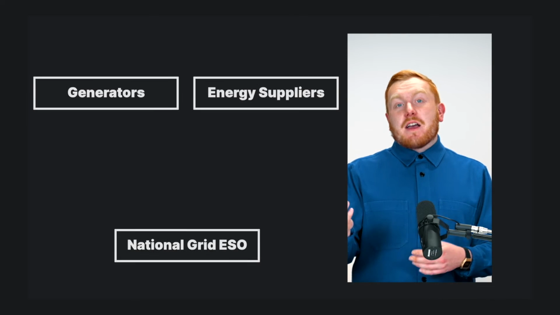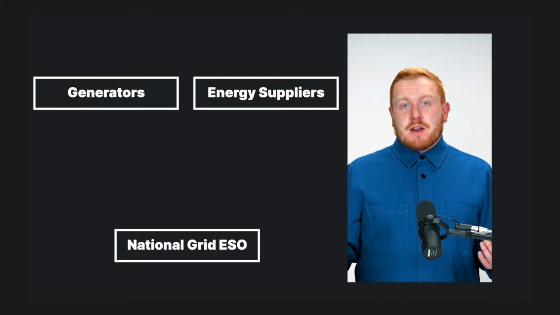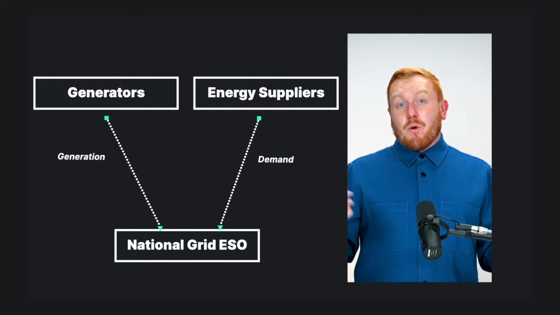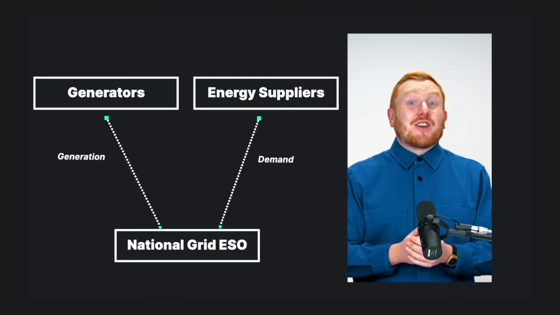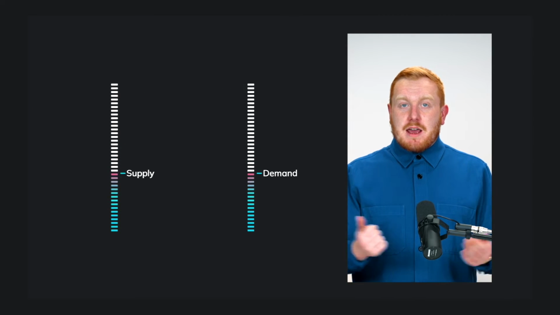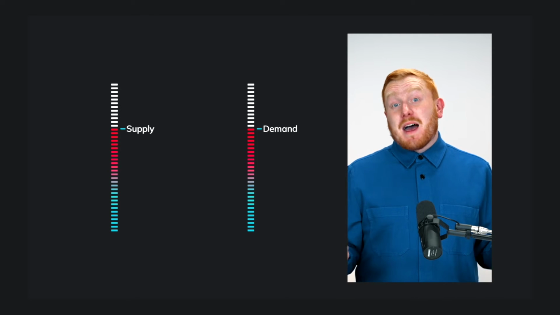So, generators and suppliers inform National Grid ESO of how much generation and demand there'll be, at what times and where. Because these forecasts will never be entirely accurate, National Grid ESO has to balance supply and demand in real time. They do this by finding extra generation to cover any shortfall, or by decreasing generation to alleviate any oversupply.